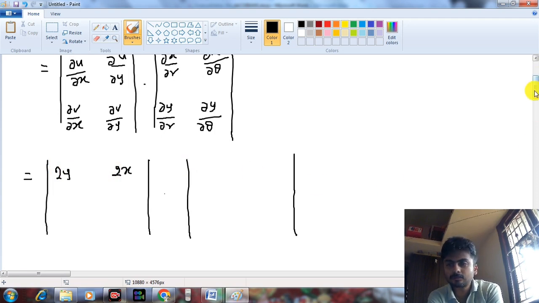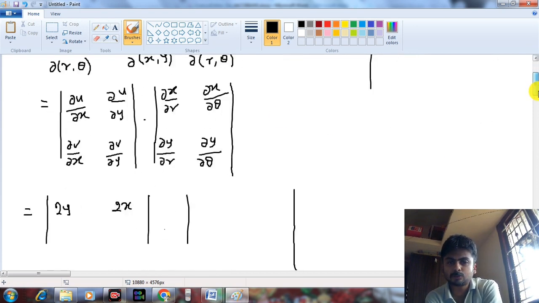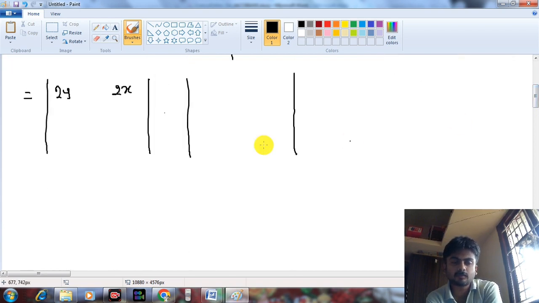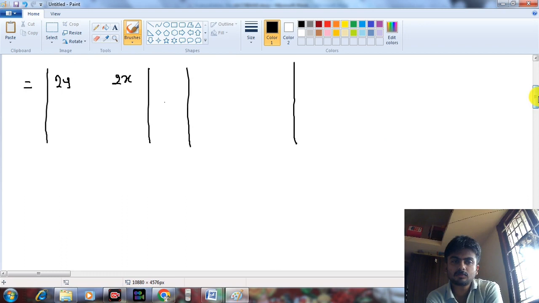Now dou v: when I differentiate this v with respect to x, I get 2x, and with respect to y I get minus 2y. So here it is 2x and minus 2y.